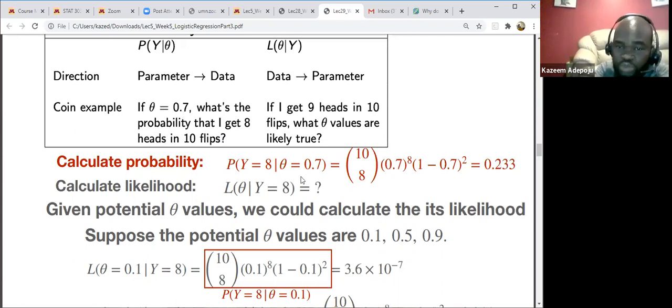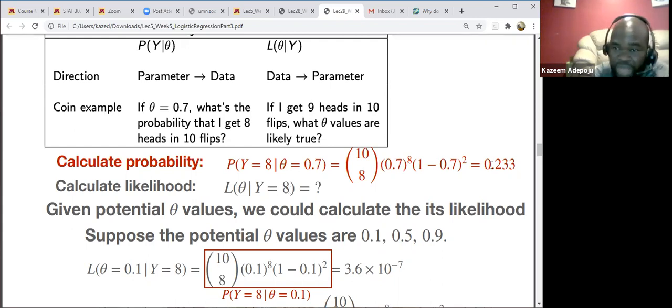So this is a way to compute probability using the binomial probability distribution, judged by the fact that we're talking about a binary variable. But if I want to compute the likelihood, I want to get the likelihood of theta given that y equals 8.